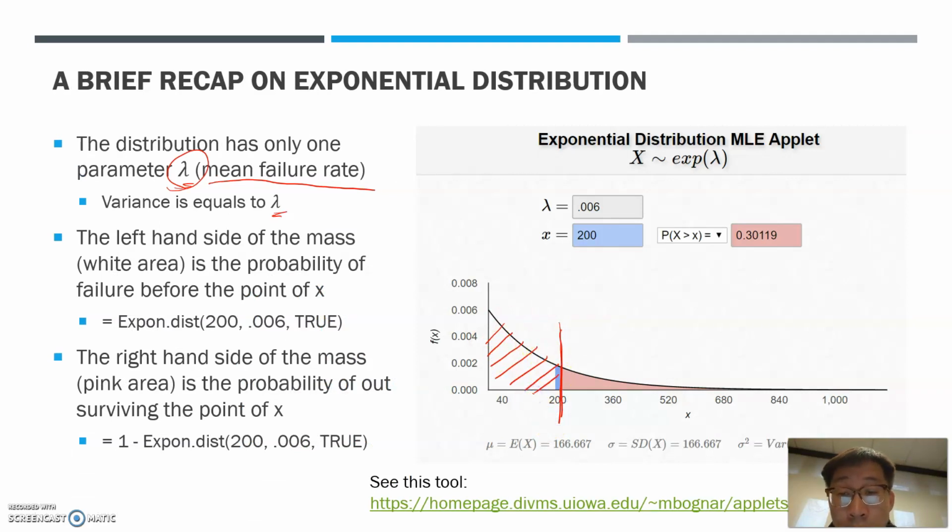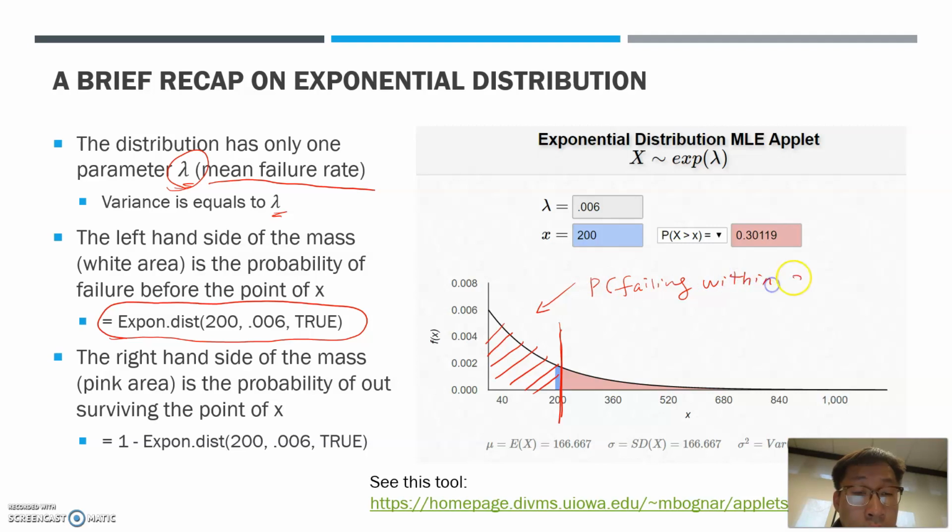can be obtained using the Excel formula Dist. Remember, this is the probability of failing within 200 hours. Your left-hand side is the probability of failing before time hits that point.